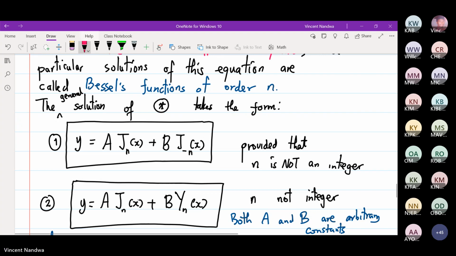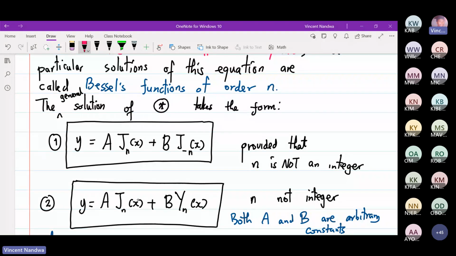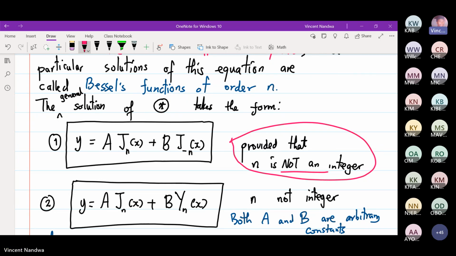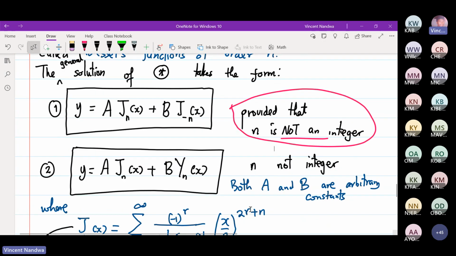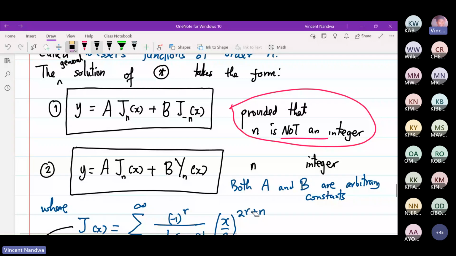The first case, you will use when n is strictly a non-integer value. But the second case is used when n is either an integer or non-integer.